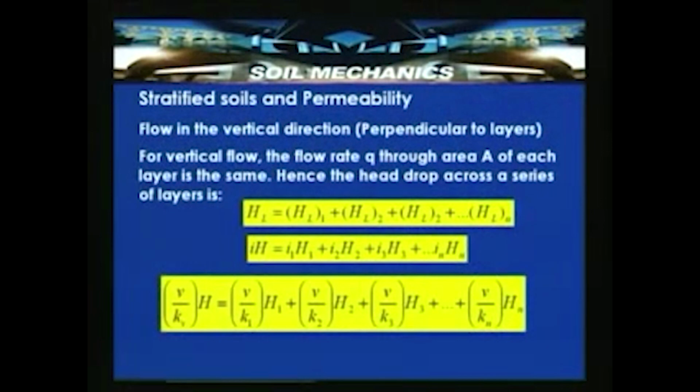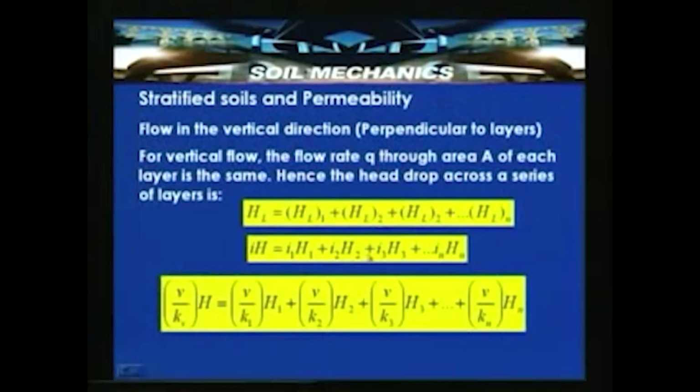That can be simplified by writing HL in terms of I and H. H is the total thickness of the layers, and the head loss occurring in the first layer can be written as I1 times H1, where I1 is the hydraulic gradient in the first layer and H1 is the thickness of the first layer under consideration.